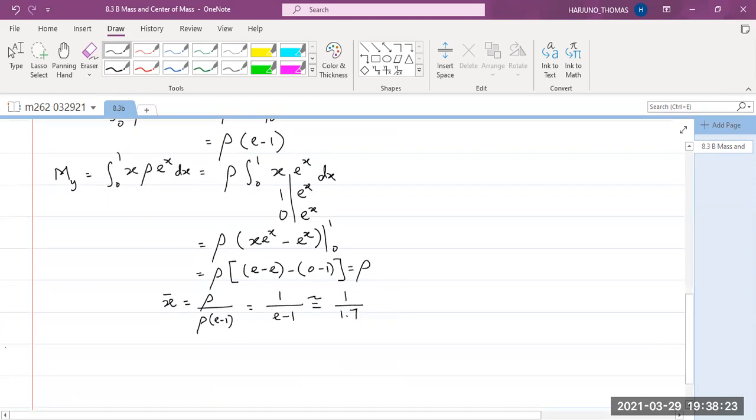Now how about the moment with respect to the x-axis? Moment with respect to the x-axis is the integral from 0 to 1 of 1/2 rho (e to the x) squared dx.